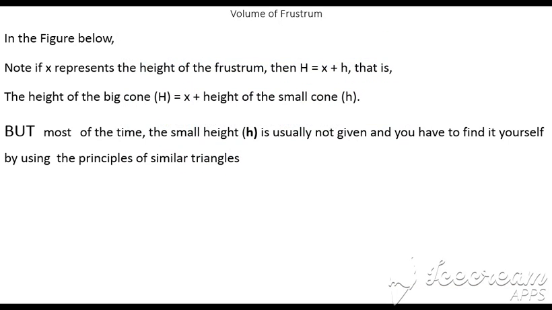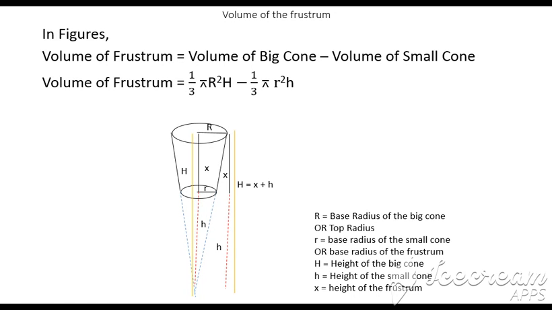So like I said, the height of the big cone is equal to the height of the frustum plus the height of the small cone that was assumed to be cut out. But most of the time, you won't be given the height of the small cone, the one in red. It's mostly only information about the frustum that will be given in the questions.